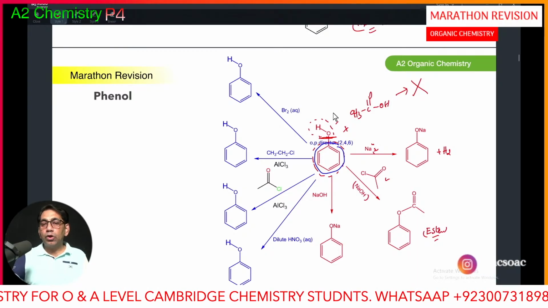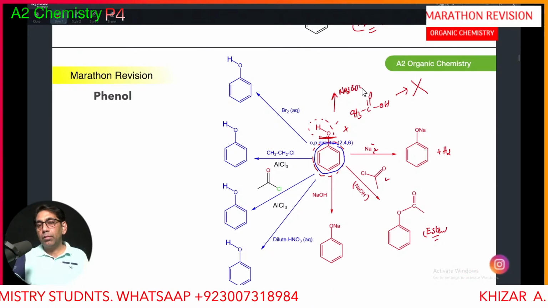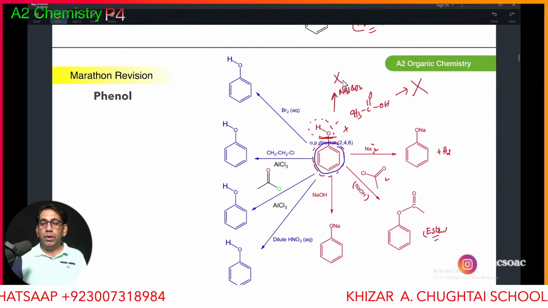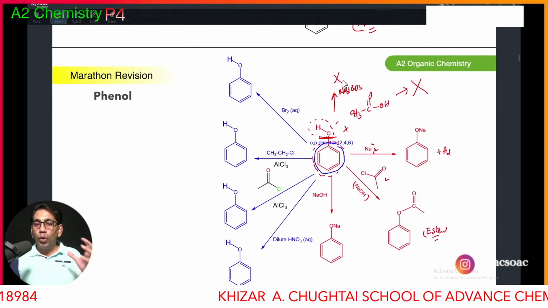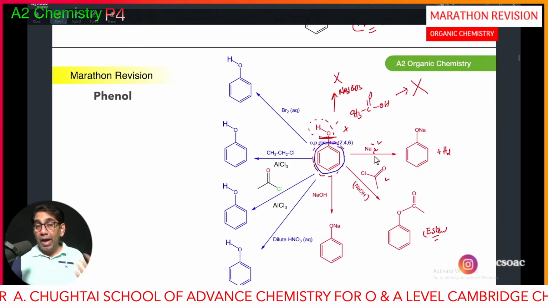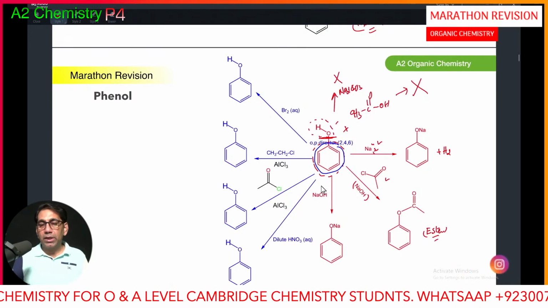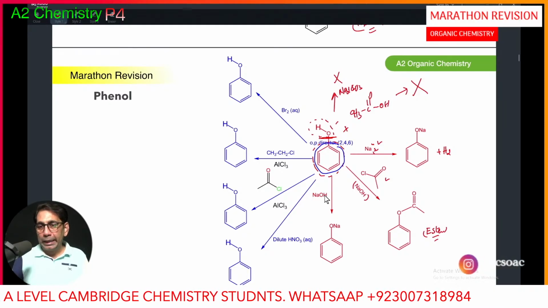Phenol does not react with a weak base like sodium carbonate, no reaction. The OH group of the phenol reacts with sodium, a very reactive metal. It reacts with sodium hydroxide over here, that is a strong alkali.